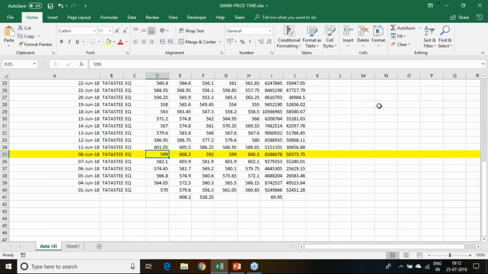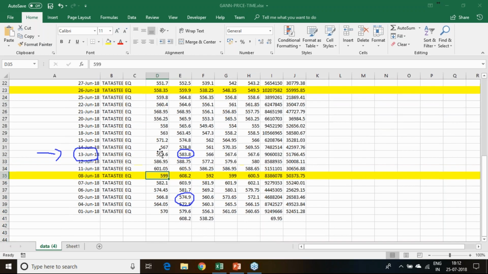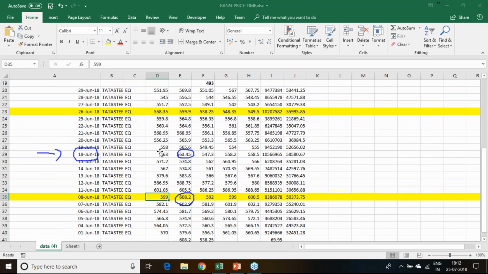9th June, not a working day. However, in the month of June, 8th June, it has made the high of the month. June month's high was 608. It has happened on 8th June. Our calculation was on 9th June. However, 9th June was not a trading day.